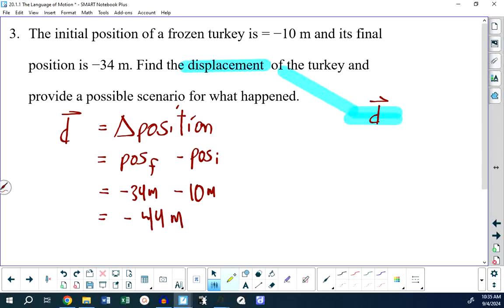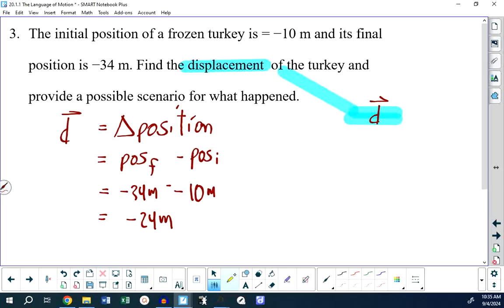I believe that's right. Oh, nope, nope. My mistake. We have to subtract negative 10, which gives us negative 34 minus negative 10, which is negative 24 meters. Better? Okay. So what's the scenario? The turkey moved, not of its own volition because it's frozen, unless it's a zombie turkey.